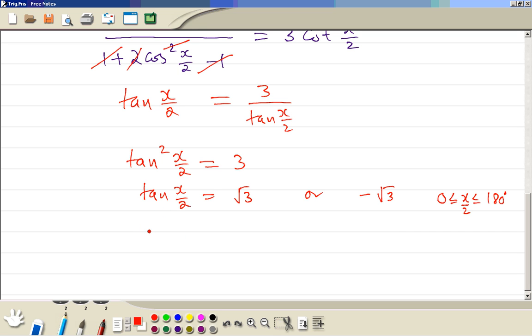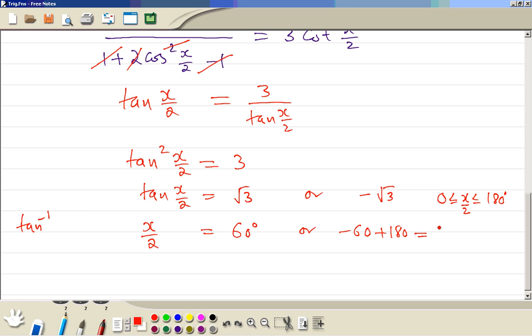Now we take the inverse. So x over 2, in the calculator we get 60 degrees. Here we get minus 60. But that's not in the range we need, so we add 180.